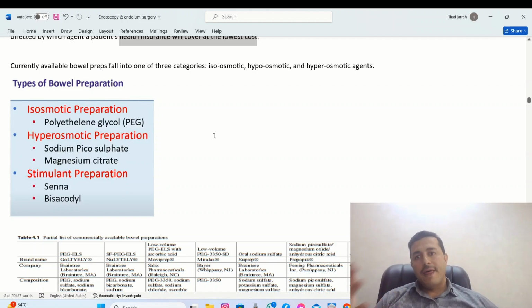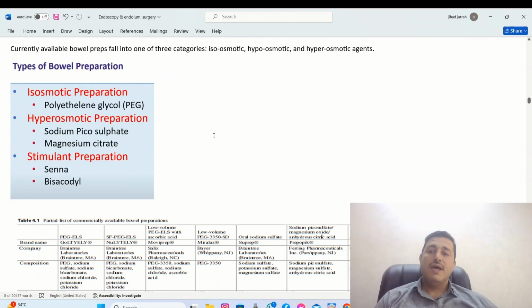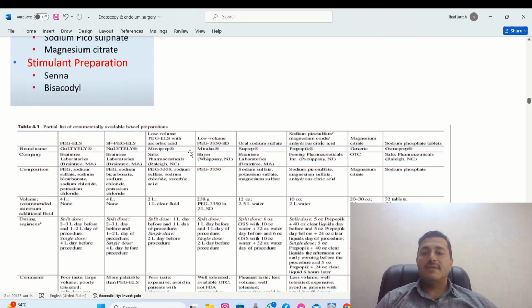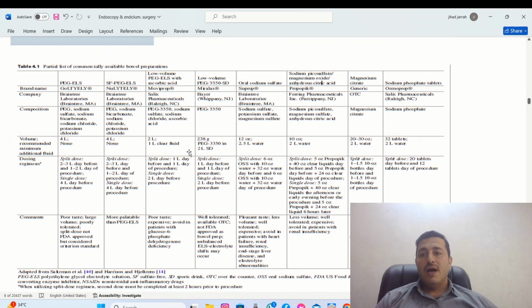These are the hyperosmolar preparations, and some stimulant preparations. These are used as adjuncts with other agents such as senna, Dulcolax, and you can see here how many agents we can use to prepare the bowel. Actually, we have 1, 2, 3, 4, 5, 6, 7, 8, 9.